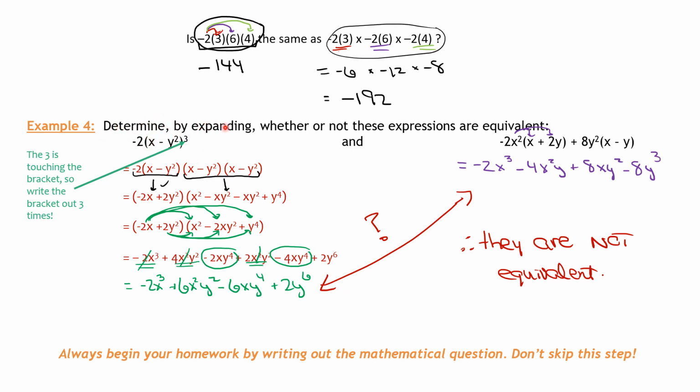You don't have to write the sentence part or the instruction, but as long as the math is pretty straightforward, you're just showing some algebra, then you have to show that line first. And that way, it's easier for you to find your own mistakes later. You're not always going back to the textbook and saying, why did I get this wrong? Well, start by writing out the question. Don't skip this step. That is the end of your first lesson in Unit 2.